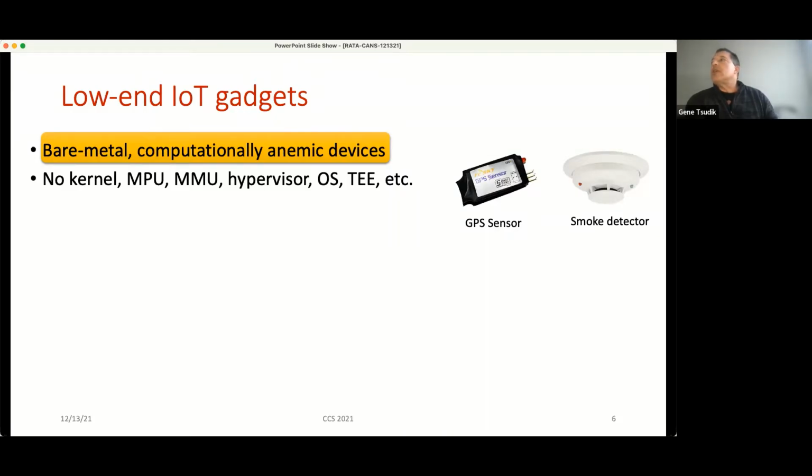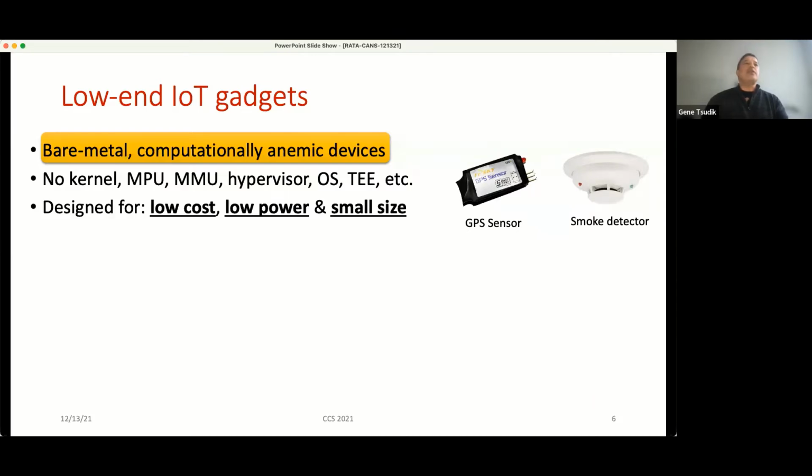Typically a smoke detector, GPS sensor, smart light switch, smart door lock, or motion detector might have something like this, which still is an IoT device, but its intelligence is highly limited or very minimal. And why are such things small and cheap? Well, because they're supposed to take very little space or volume. There are physical constraints.